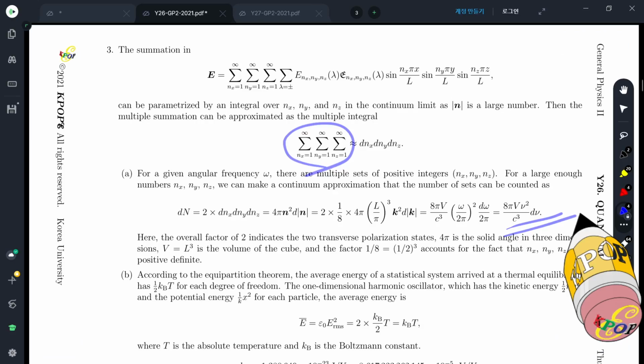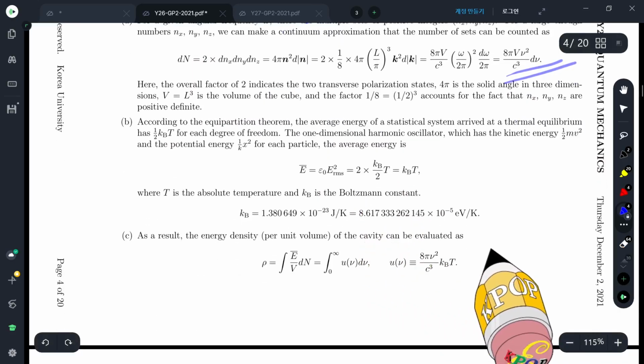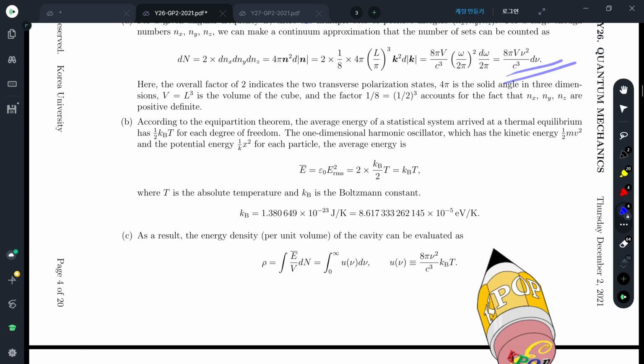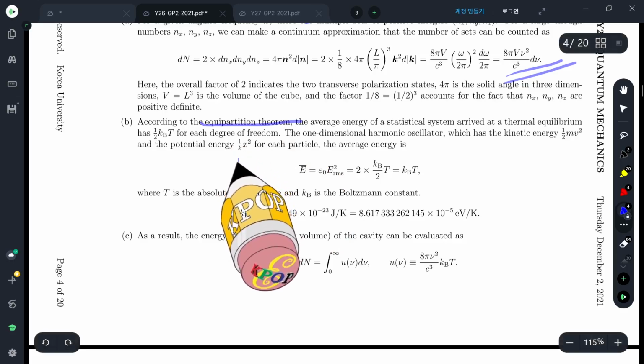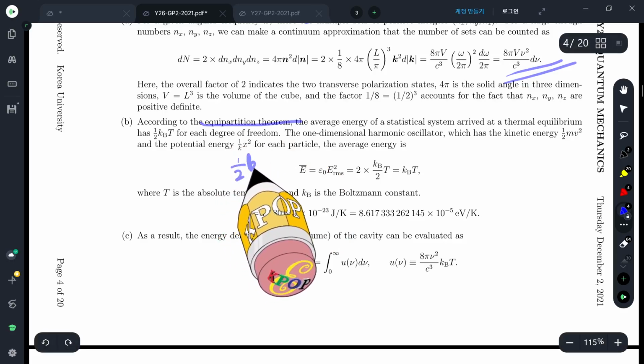In addition, we learned in the first semester with thermal physics, statistical physics. In general physics 1, we learned the equipartition theorem. For each oscillation, such as a harmonic oscillator of degree 1, there is an energy of 1/2 kx squared.